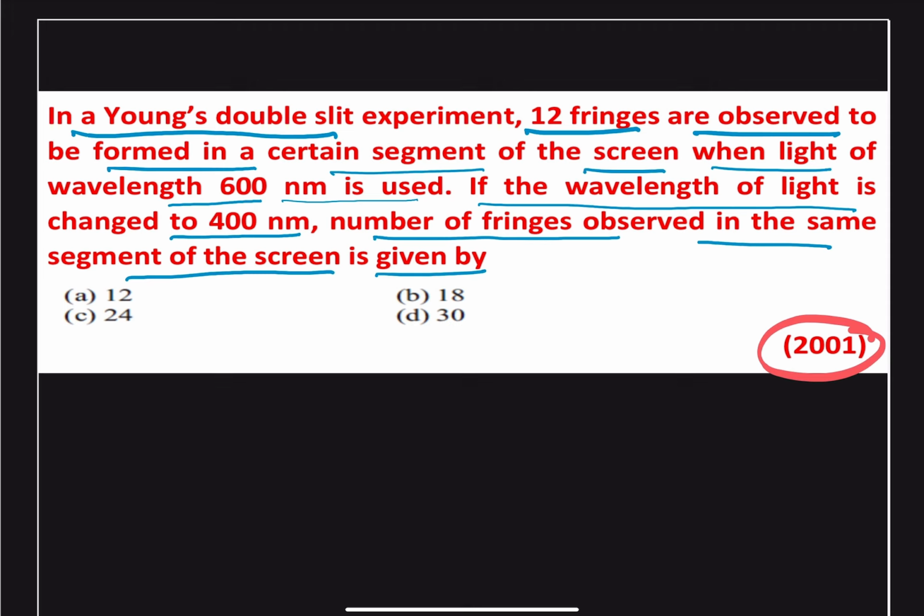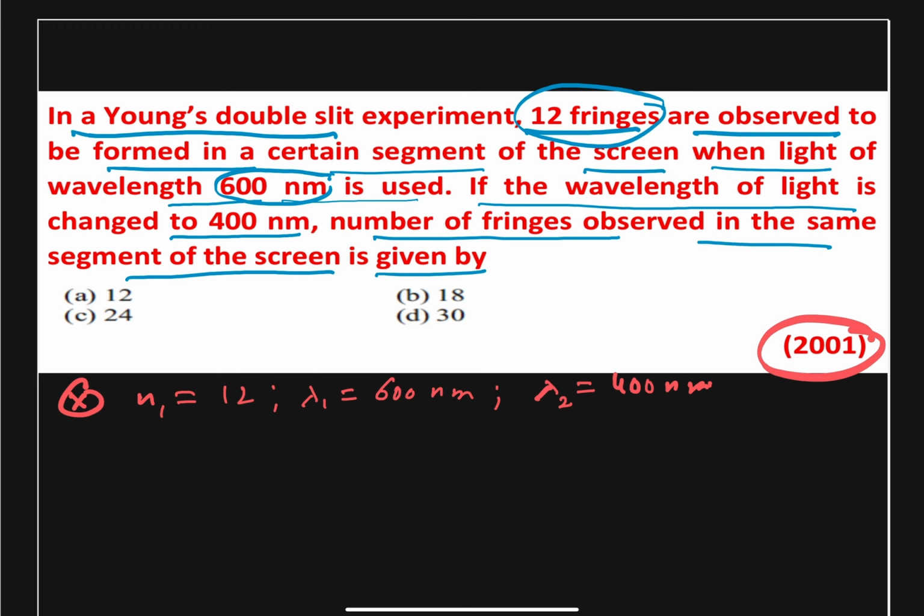We are given that for 600 nanometer, the number of fringes observed is 12. So in the first case, the number of fringes n1 is 12 and the corresponding wavelength lambda 1 is 600 nanometer. For the second case, we are only given lambda 2, which is 400 nanometer, and we are going to find the respective number of fringes within the same segment.